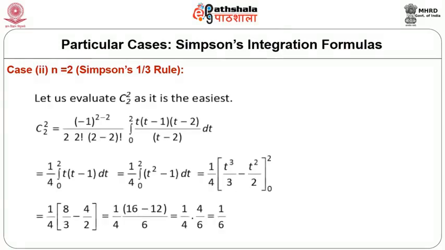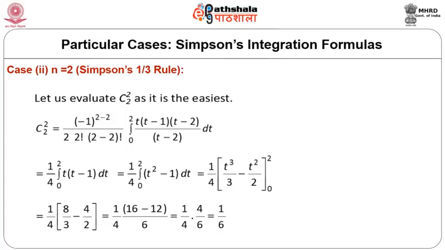Let us derive the value of 2C2 from the definition of NCi. So 2C2 is given by (-1)^(2-2). n is 2 and i is also 2. So (-1)^(n-i) becomes (-1)^(2-2). The denominator is n, that is 2, times i factorial, that is 2 factorial, times (n-i) factorial, which is (2-2) factorial, that is 0 factorial, which will be 1.